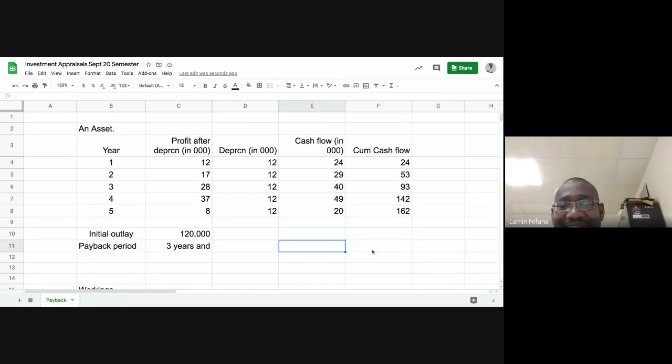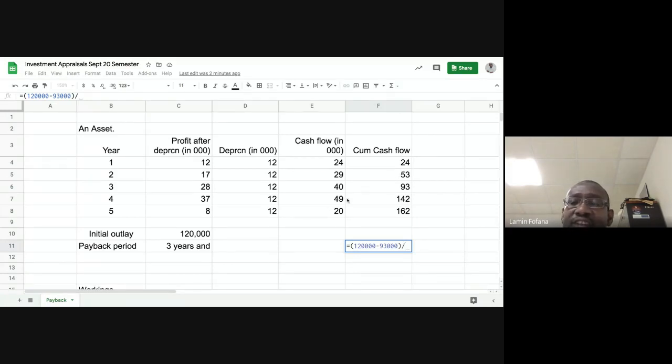Okay, thank you. So you say equals 120,000 minus 93,000, which is the cumulative cash flow up to year 3. Okay, bracket closes. We know that difference is what we require from year 4 cash flow, and we know year 4 cash flow is not 142 but 49. 142 is cumulative for all the previous years, including year 4.